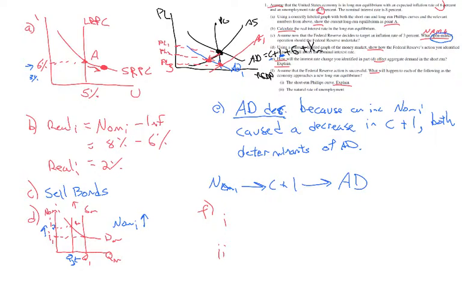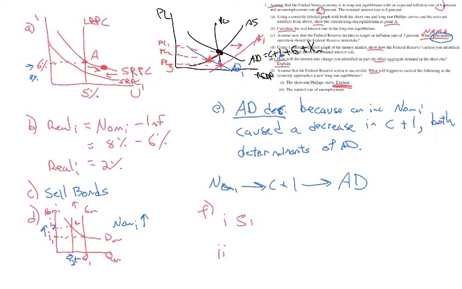On the Phillips curve, remember, a rightward shift of AS is going to be a leftward shift of the Phillips curve, which will happen as expectations adjust. And that's going to be the explain part over here.